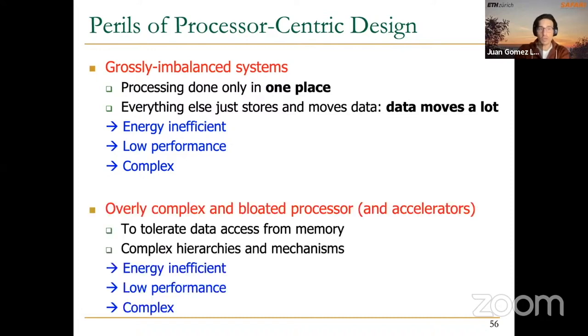It's complex because the processors themselves are very complex, because over the years designers have been trying to find solutions to this data movement, for example, including large and deep cache hierarchies and complex prefetchers. But still, there is no way of solving the problem forever. And the systems continue to be energy inefficient, low performance, and complex.